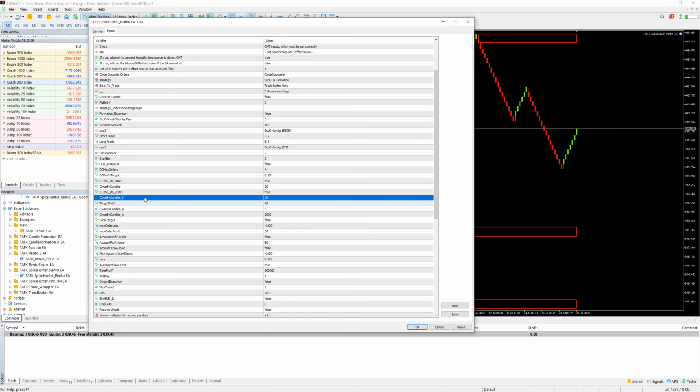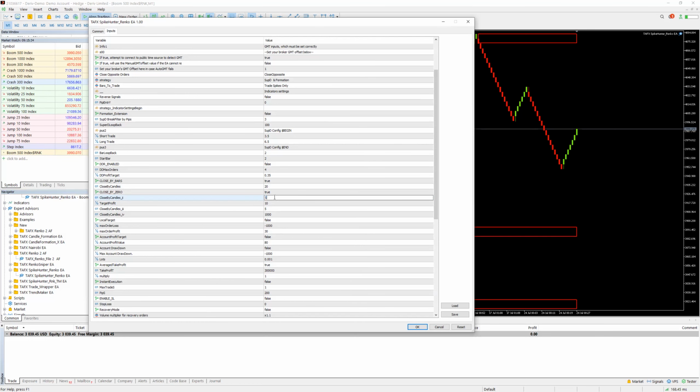Let us go now to our close by 2. You can read here, it is close by candles 2. This is when you are trading against the spikes. This tells you when it runs in profit, when it goes to 10 candles in profit, it will take that trade automatically.